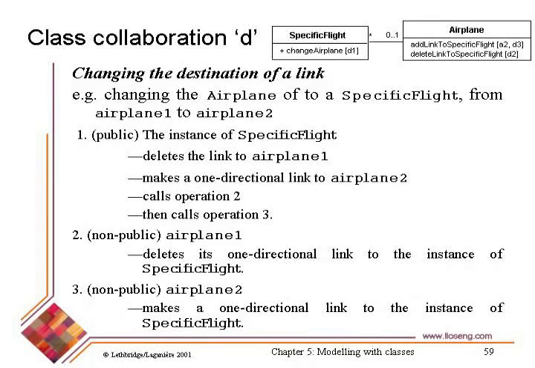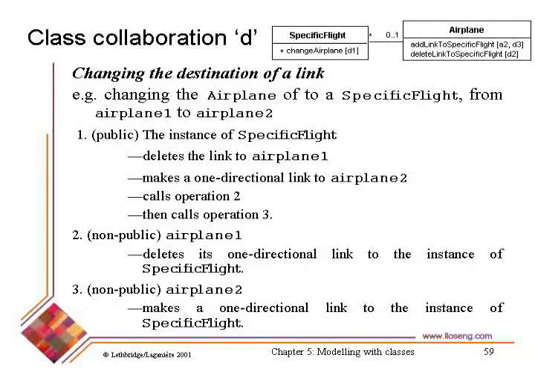So the steps that the public method, the change airplane method, would do: delete the link to airplane 1, make a one-directional link to airplane 2. Call operation 2, which is in airplane 1, so airplane 1 has got to delete its link back to the flight, and then it's going to call operation 3, which is making the link from the new plane to the flight.